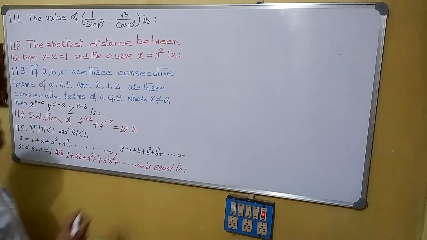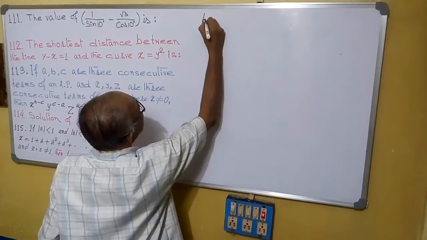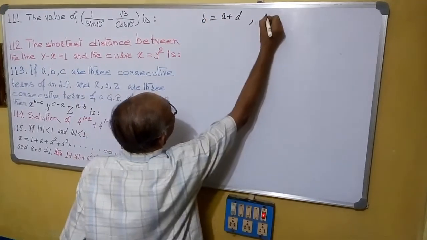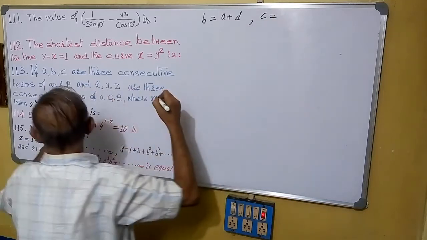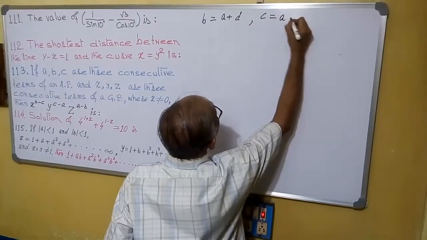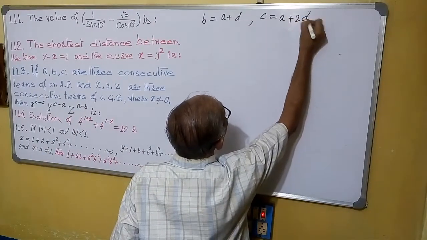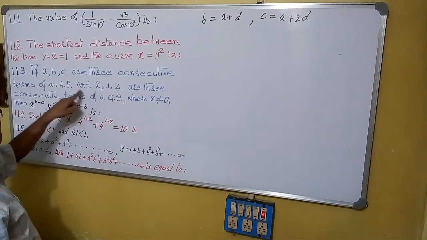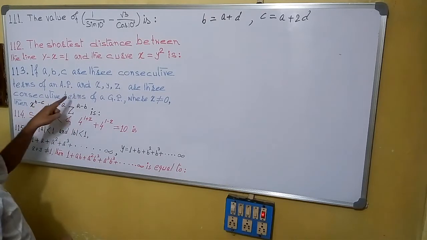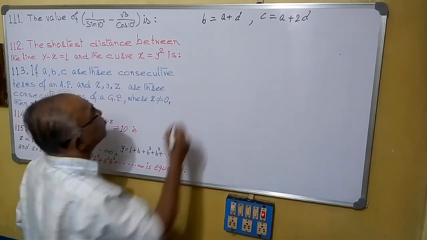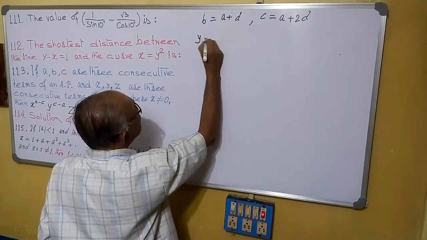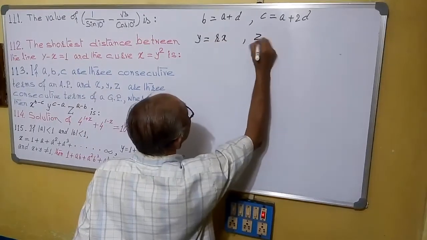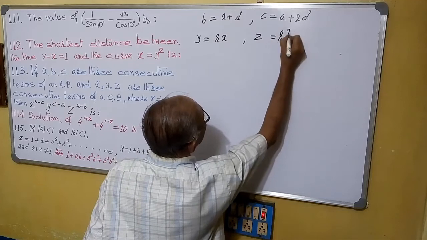A, B, C are in AP, so we can write B equals to A plus D, C equals to A plus 2D, assuming D is the common difference, and it is given that X, Y, Z are in GP. So Y we can write Rx, Z we can write R square X.